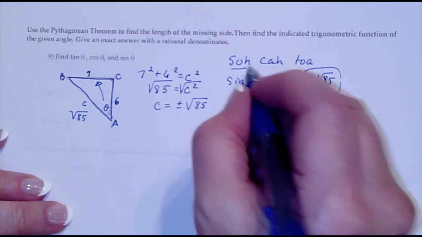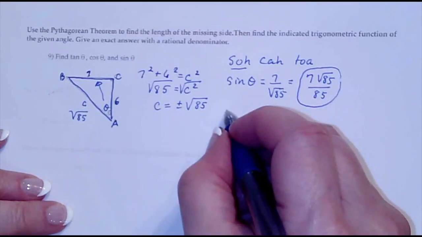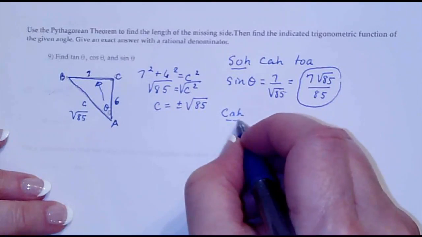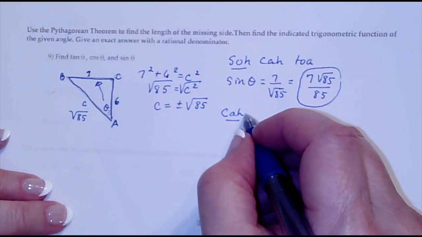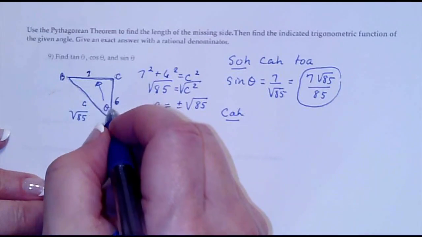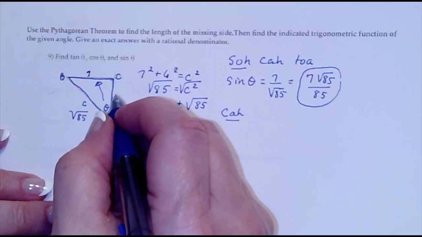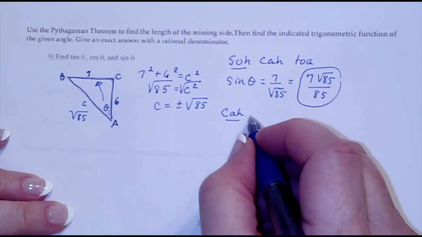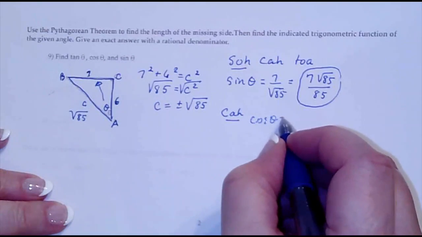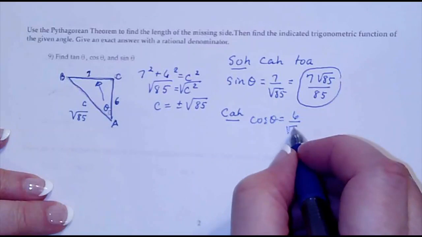That's the SOH part. Then we have the CAH. The CAH is adjacent over hypotenuse, so adjacent is next to but not the hypotenuse. So cosine theta equals 6 over square root of 85.